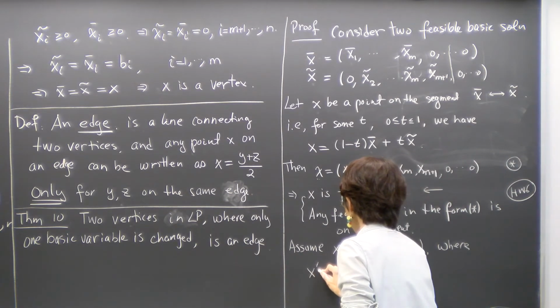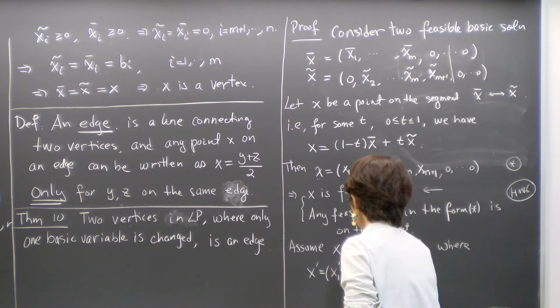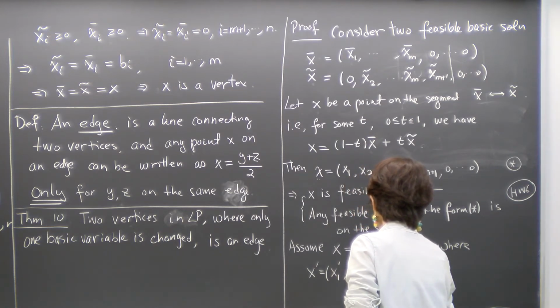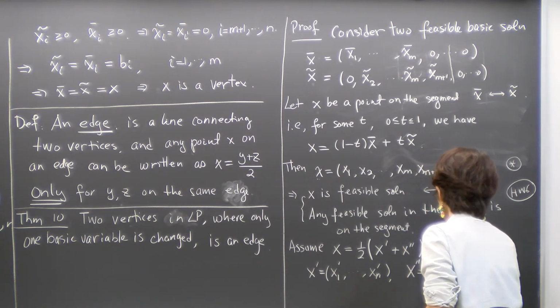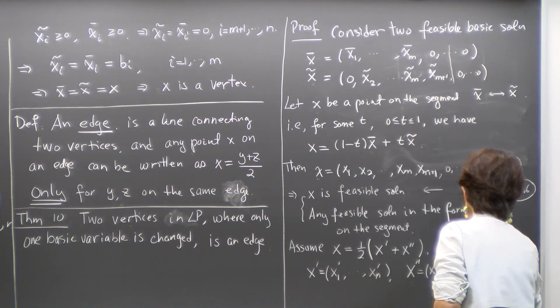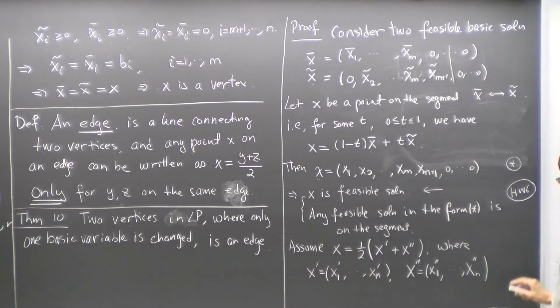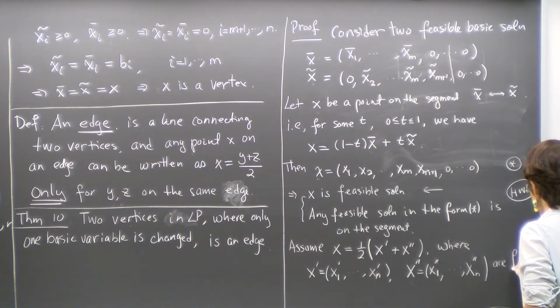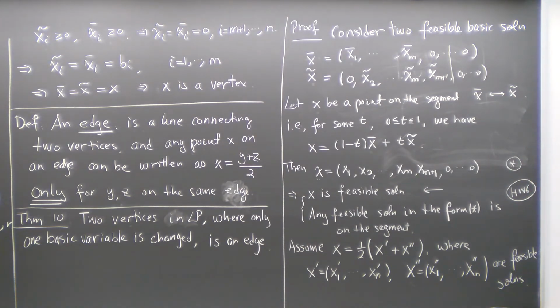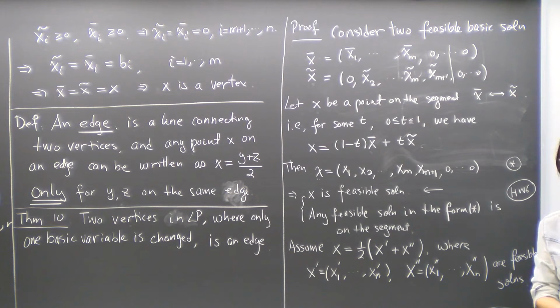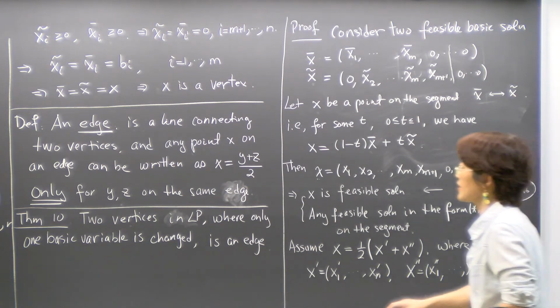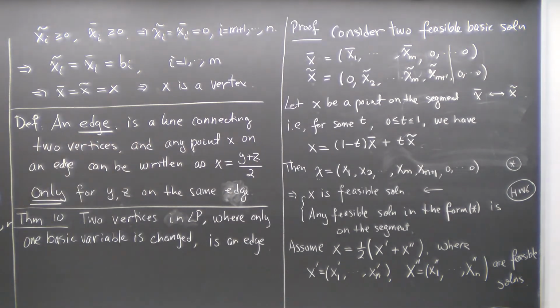If you write out the components, x prime is x prime 1 all the way to x prime n, and x double prime is x double prime 1 to x double prime n. These are feasible solutions. What I need to show is that they must be on the same line segment. Then that's an edge. Is that right? Okay, so let's see if we can tie up that argument.